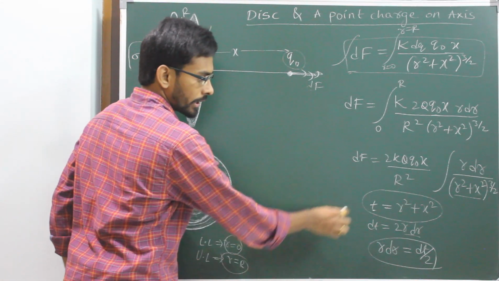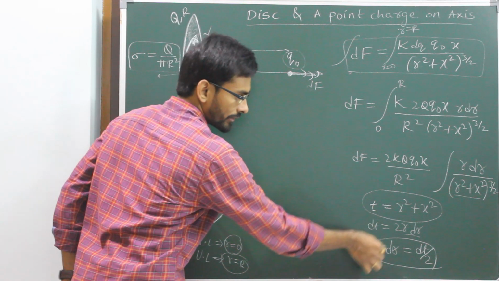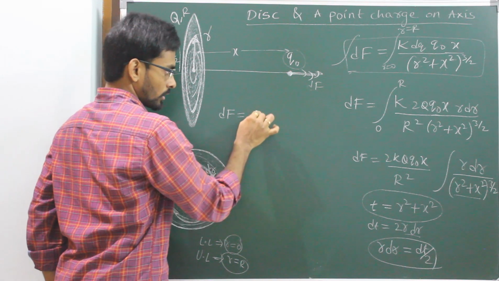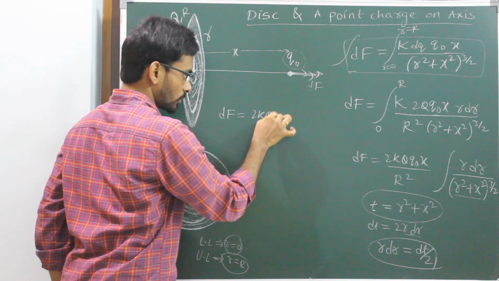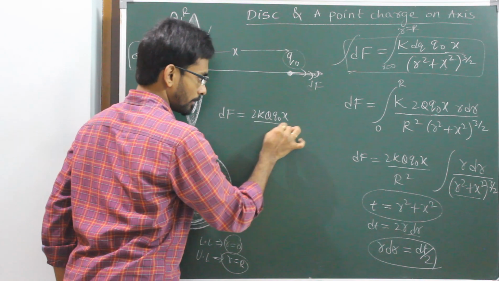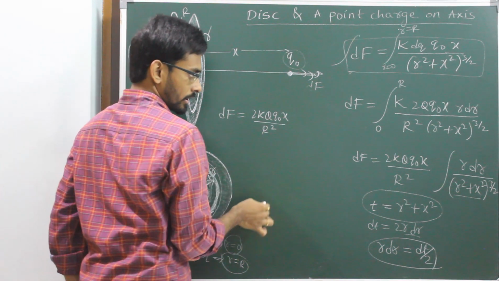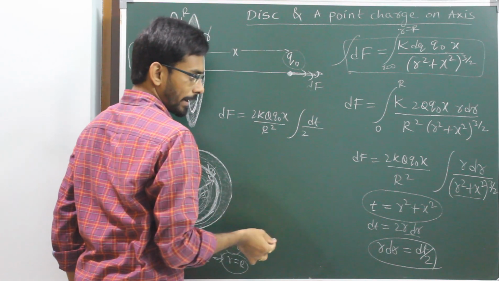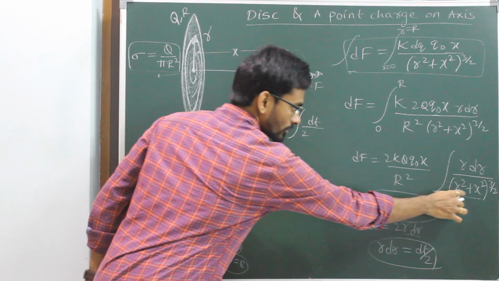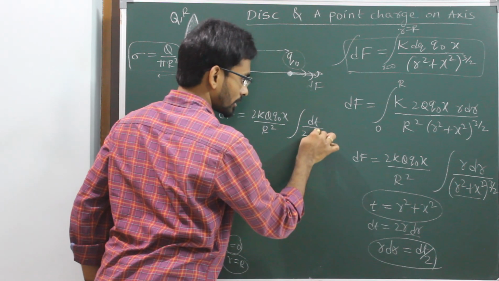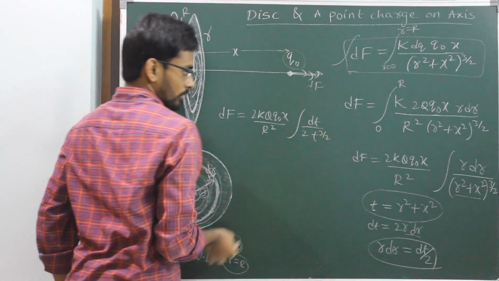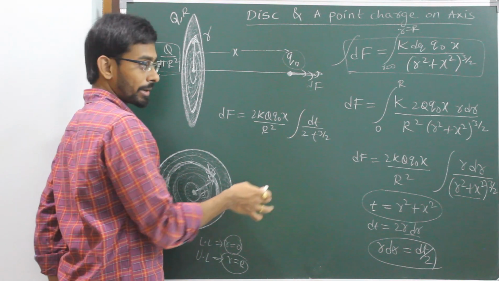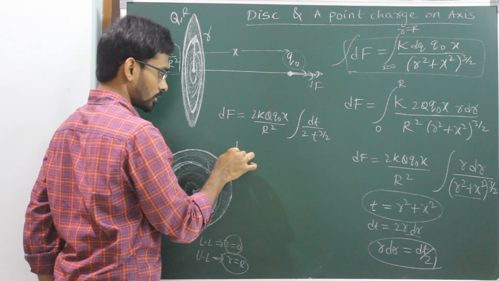If you substitute the t value and the dt value in that expression, we'll get F as 2k into Q into q naught into x by R square into the integral of dt by 2 over t power 3 by 2. Now the integration of t power minus 3 by 2 will be t power minus 1 by 2 divided by minus 1 by 2.